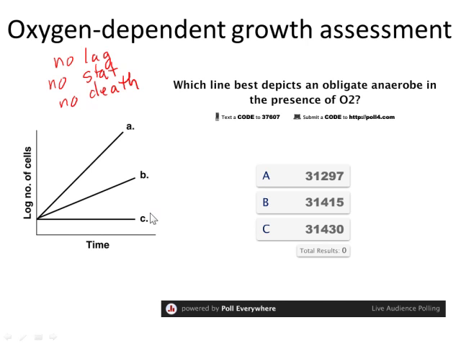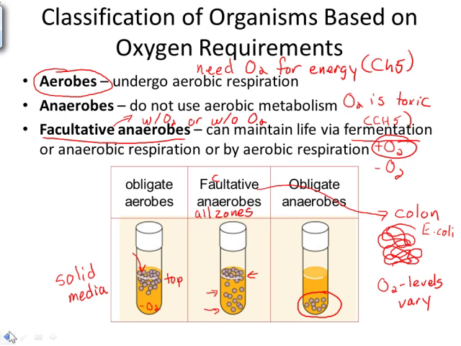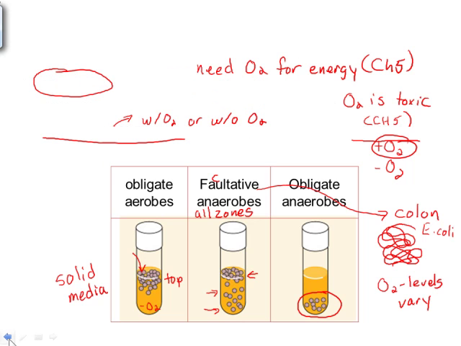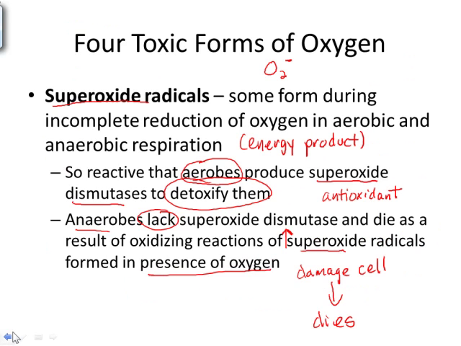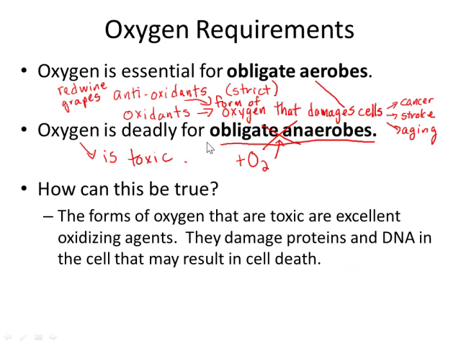That's right, the best answer here is C. Now the reason is this. Anaerobes do not use oxygen. In fact, obligate anaerobes lack the enzymes to grow, so oxygen is toxic. The oxygen that builds up damages the cell and results in cell death.